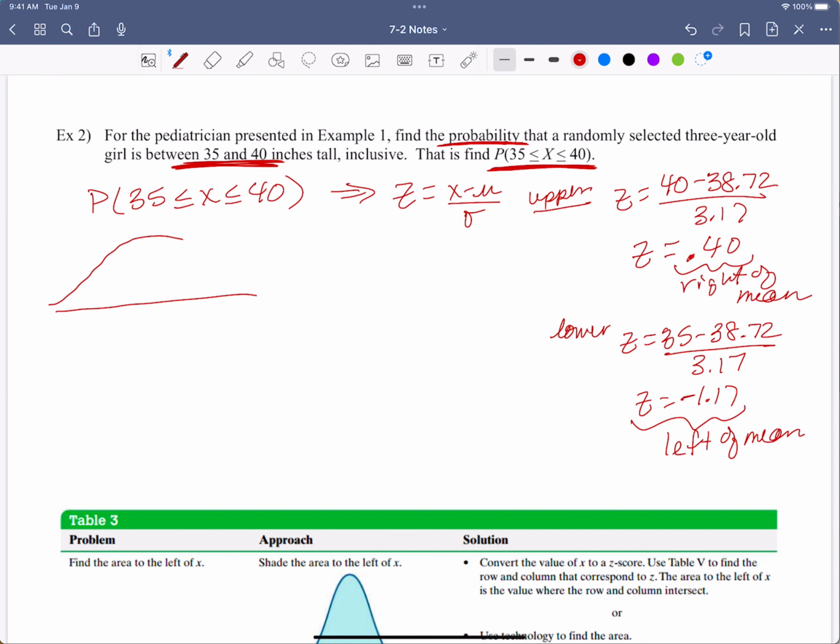This is a good indicator about what this looks like. If I'm going to look at my bell curves, my mean is still 38.72. I know it's not even a full standard deviation away. It's really tight and close here to get to 40.